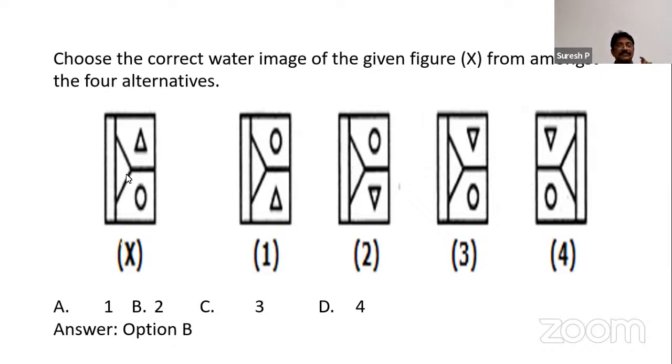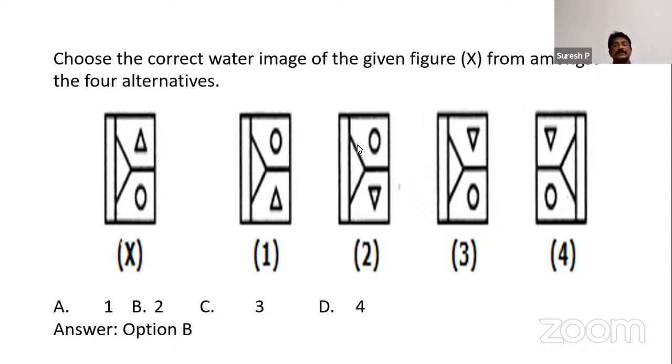The figures will be inverted, which means this triangle will be inverted and come down, and the circle will go up, and the rest of the part is the same. Is it clear?